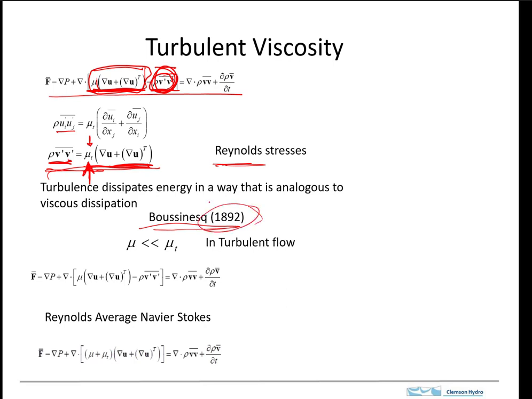Now, in general, in turbulent flow, this effective viscosity, the turbulent viscosity or eddy viscosity, is much, much greater than the actual viscosity of the fluid. So the energy that gets dissipated in these turbulent eddies is much greater than the energy dissipated just by shear in the fluid itself. So it ends up being quite important.